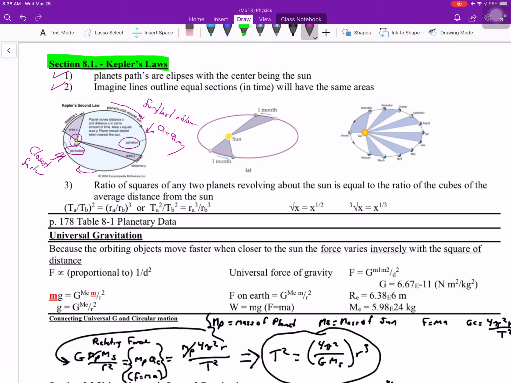If you use geometry and you use the sun as the center, and you take the same amount of time it takes for our planet to get from here to here and map out this area, and you take that same amount of time, no matter how much it is, usually scientists like to use 30 days, and you map out this area, that means that everything mapped out area-wise in here will equal the same amount of area in here. That's what we're talking about: equal-time sections will have the same area.